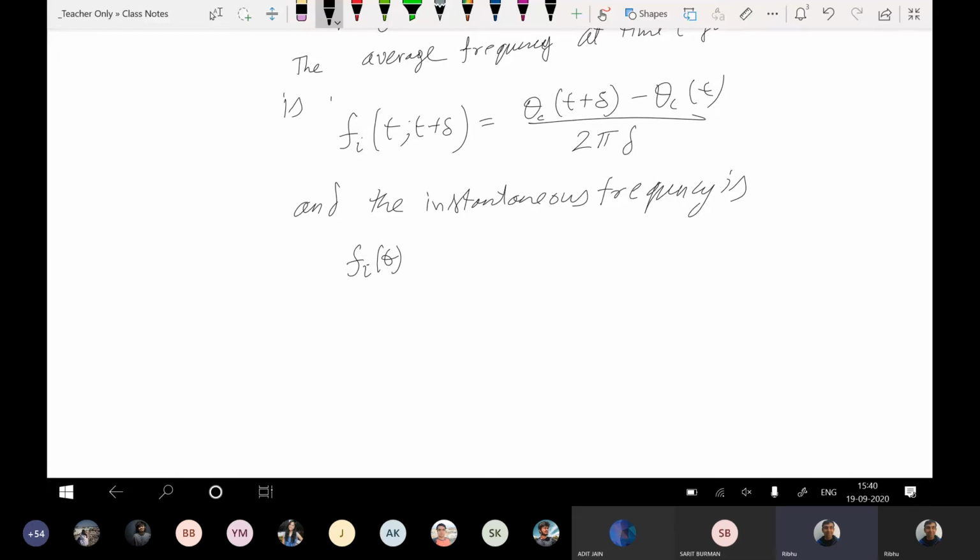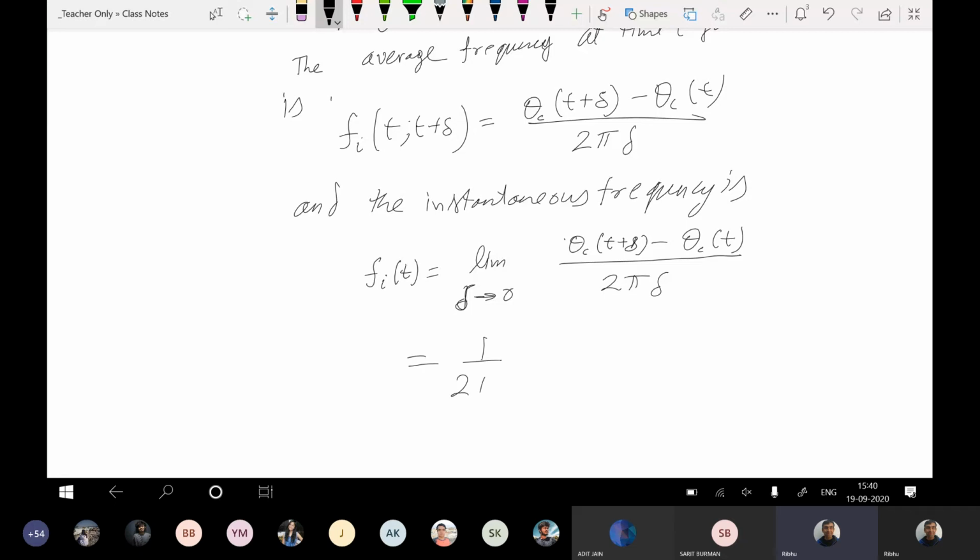Sorry, this wasn't written properly. f_i equals limit delta tends to 0 of theta_c(t plus delta) minus theta_c(t) divided by 2 pi delta, which equals 1 upon 2 pi d theta_c(t) divided by dt.